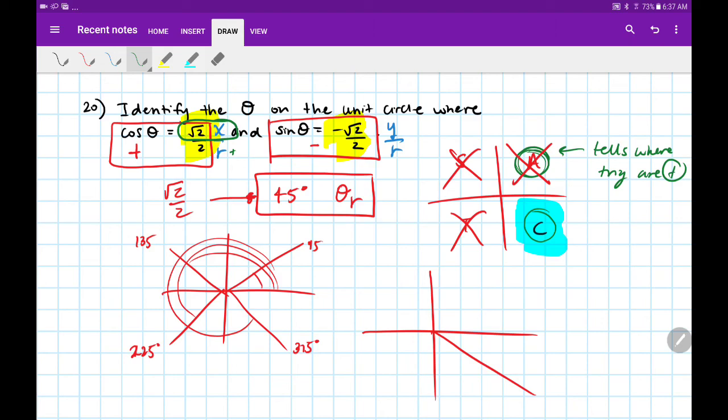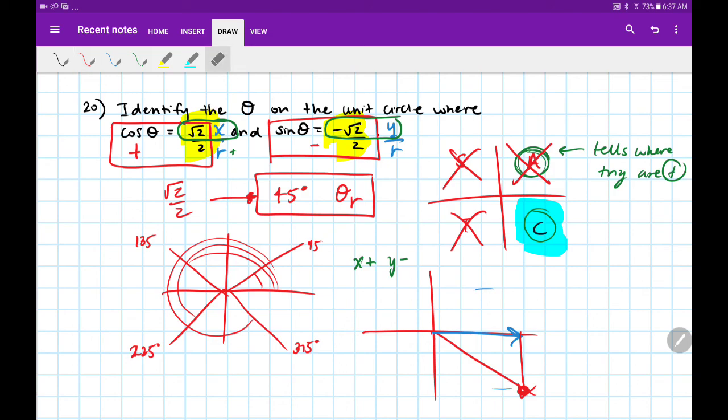So if cosine is positive, that means I need x to be positive, and if sine is negative, that means I need y to be negative. So where is x positive? It's in that direction. So either these two quadrants. And then where is y negative? Well, y is negative in this direction. So again, we end up in quadrant 4 either way.